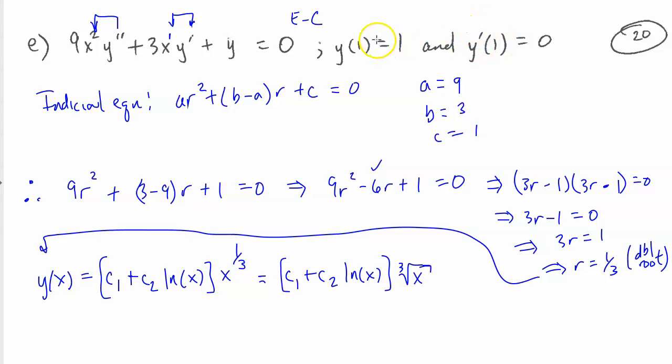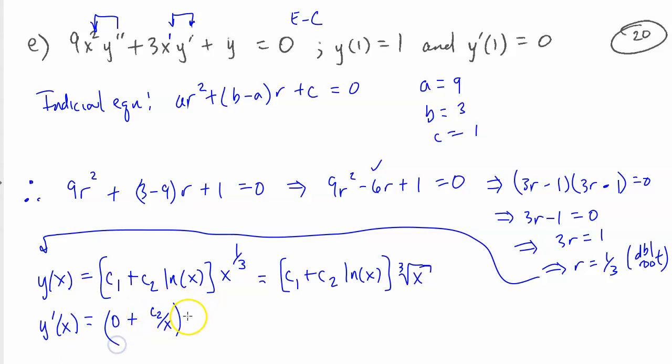So notice that since we have two initial conditions and one of them contains the first derivative, we're going to go ahead and figure out what the first derivative is for this. And I'm going to use it in this first form here. So using the product rule, we'll take the derivative of C1 plus C2 natural log of x first. So the derivative of any constant is 0, plus the derivative of C2 times natural log of x is just going to be C2 divided by x.